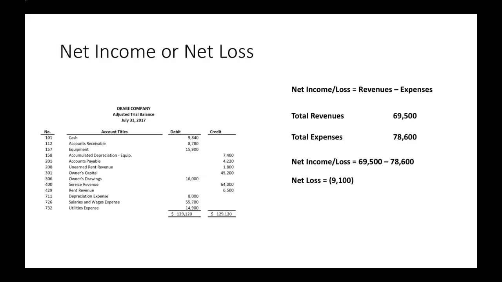So if your expenses are greater than your revenues, you're going to have a net loss. If your revenues are greater than your expenses, you have a net income. So remember that we would find this amount on an income statement, right? The first of the 4 financial statements that you prepare.